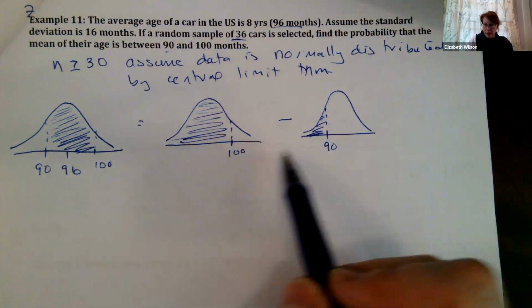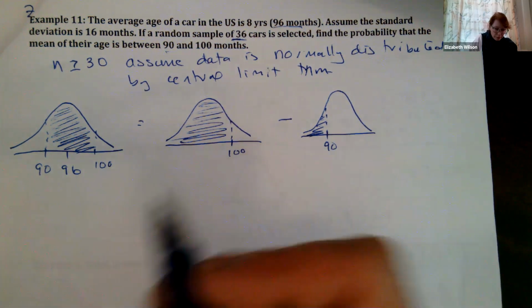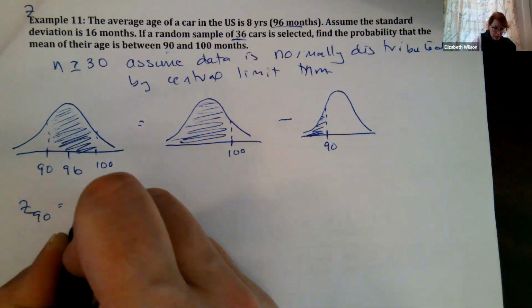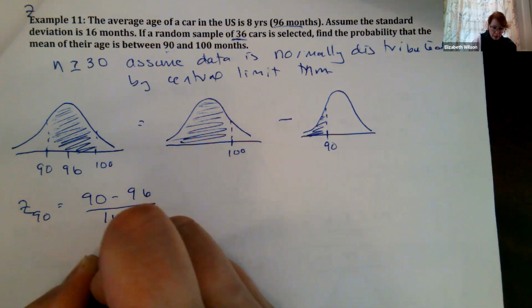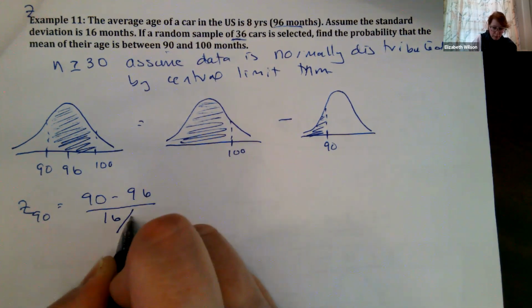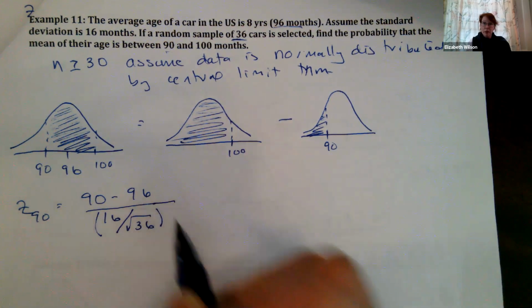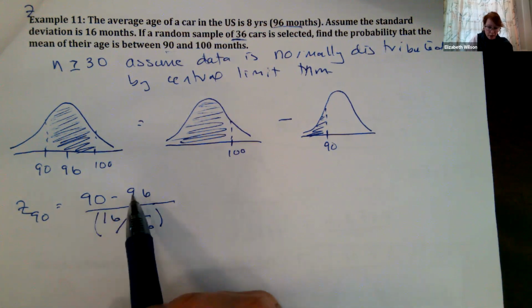So these are the Z values that we need to calculate, and then I'm going to subtract one from the other. My Z of 90 is going to be 90 minus 96, our mean, all over 16, which is our standard deviation, divided by square root of 36. Put that in parentheses here. Our radical n, standard deviation, our x bar minus our population mean.